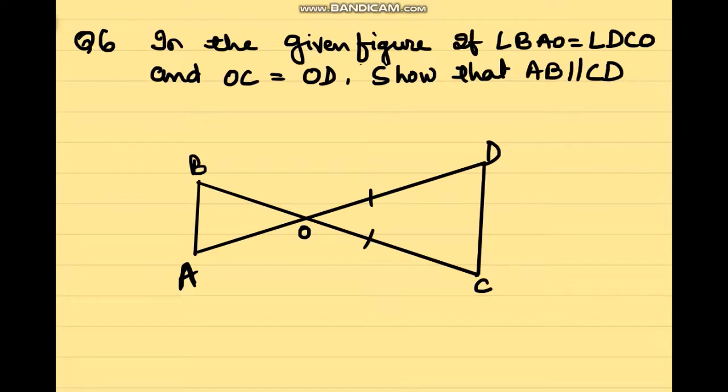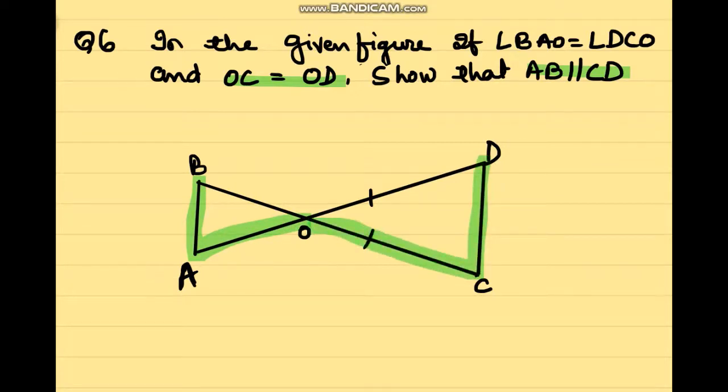Yes, children, come on, let us see the next question, question number 6. In the given figure, if angle BAO is equal to angle DCO and OC equal to OD, show that AB is parallel to CD. First of all, try to understand what is given. See, BAO means this angle is equal to DCO means this angle.